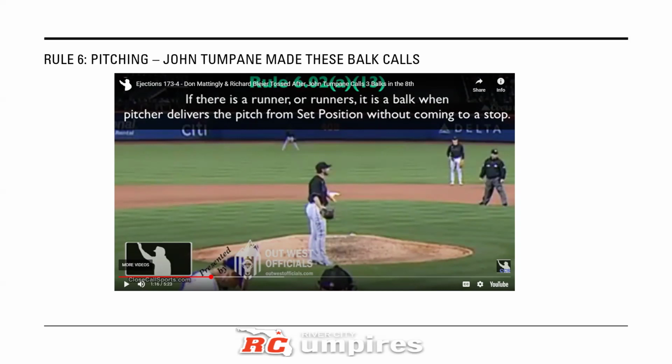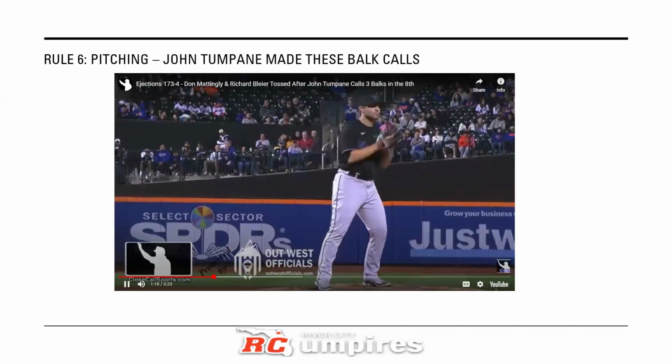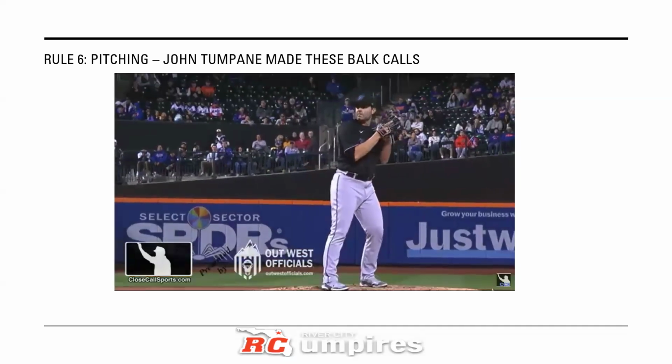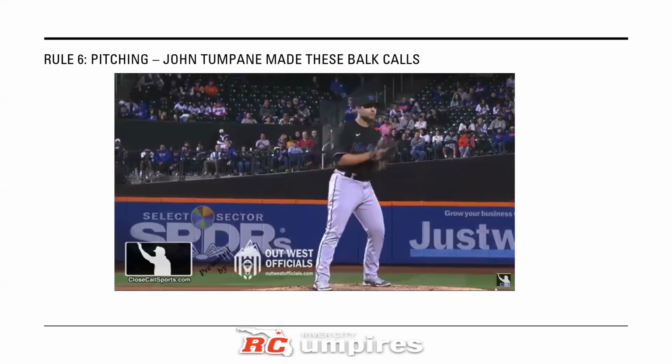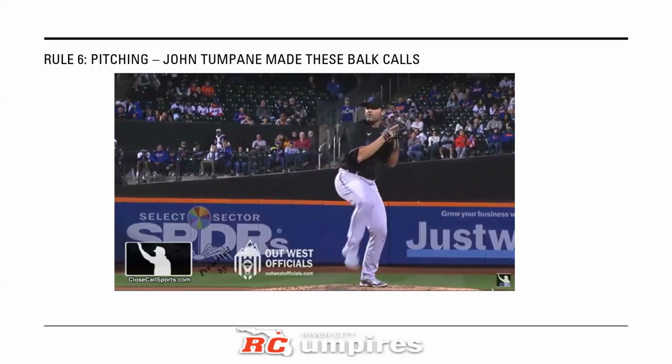Nobody else called it, nobody else even echoed him. So I think in this particular one, this is a roll through rather than a complete stop. That's what the Marlins broadcast referred to. This is the closest camera angle we have to the first base angle, but you see that the glove opens up to the first base umpire.